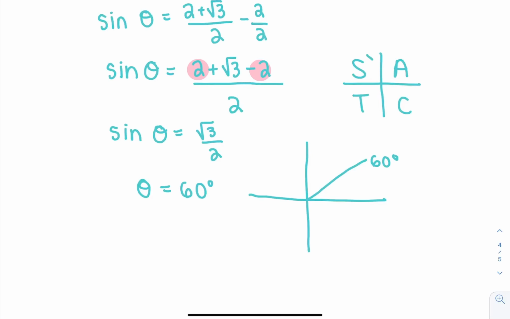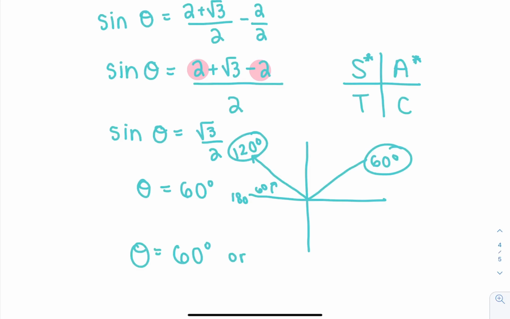Well, it's also positive right here. So this is where sine is positive. So it happens here and it happens here. To figure out what that other angle is, I take 180 and subtract 60, because I know it's 60 away, which is 120. So my final answer, theta is 60 degrees or 120 degrees.